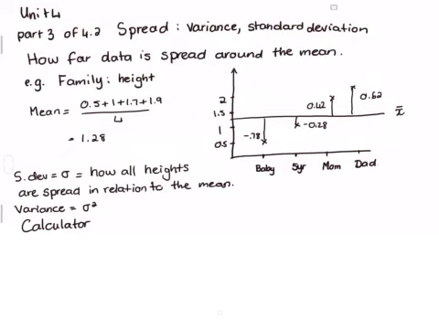Let's just see why is it important? Why do we need this? So let's say I have the mean score for a class test. Of all the students, the mean score, remember mean is x bar, was 85%.